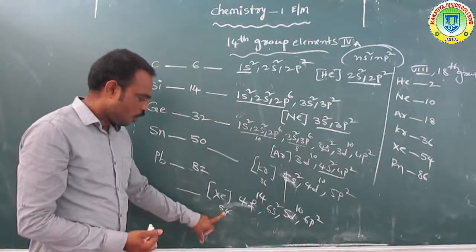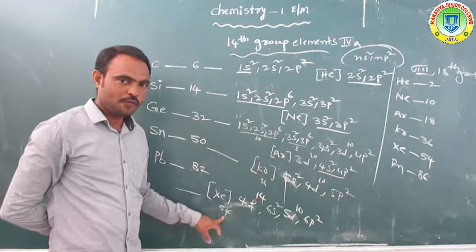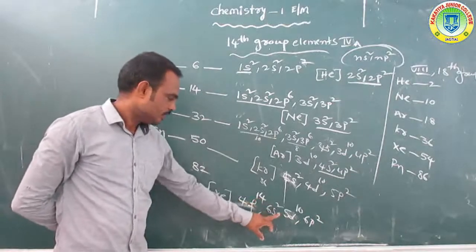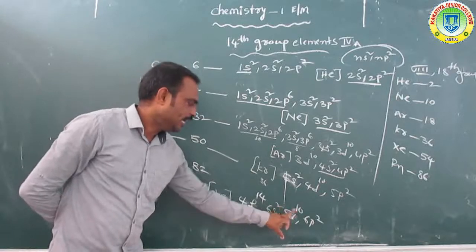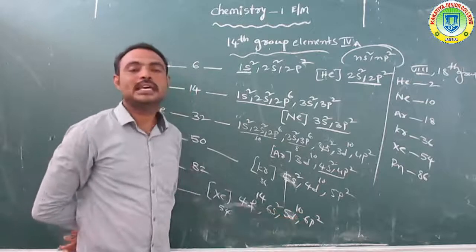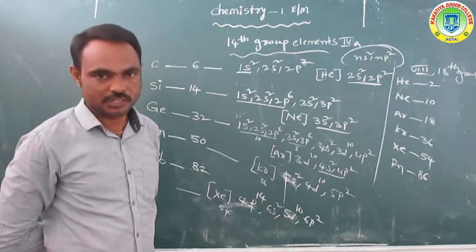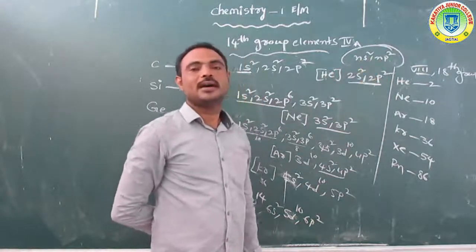Overall 54 plus 14, 68, then 78, 80 plus 2, 82. Overall, 6s2, 6p2 is the outer shell electronic configuration. Overall, ns2 np2 is the general electronic configuration.